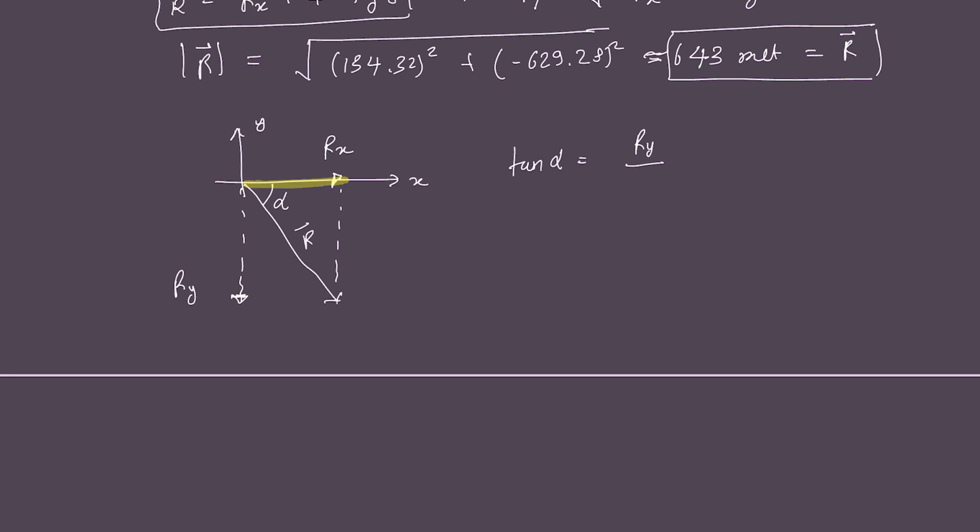That is the definition of tangent, the ratio of opposite and adjacent sides. So if you use those two values, remember this is the magnitude always, right? So 629.29 divided by 134.32.